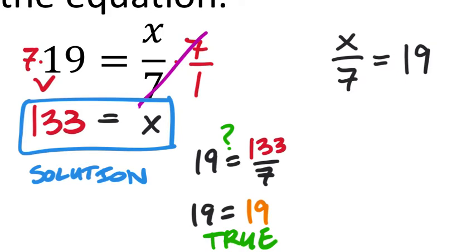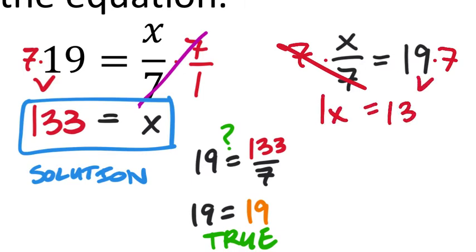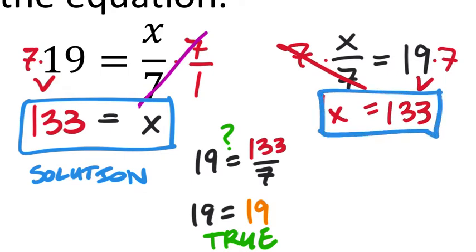I'm going to take a bit of a shortcut. Instead of showing this as times 7 over 1, I'm just going to multiply this side by 7 and this side by 7. See, there's the phantom 1. 1x equals 19 times 7. We already did that. It's 133. And that's a true statement right there. So if you replace x here with 133, you can get a true statement.